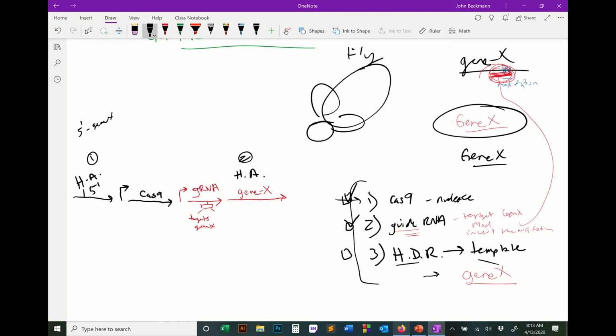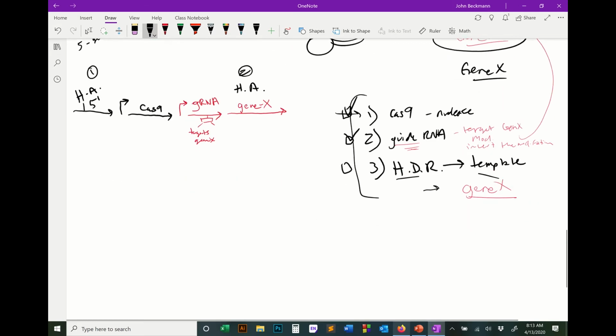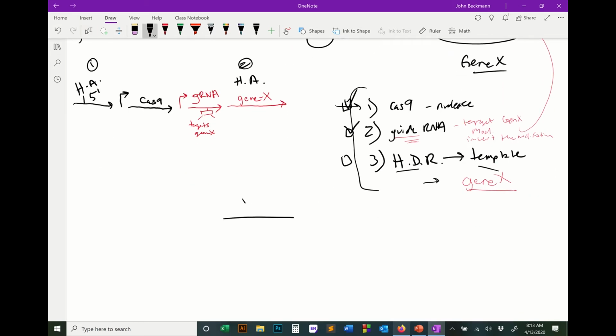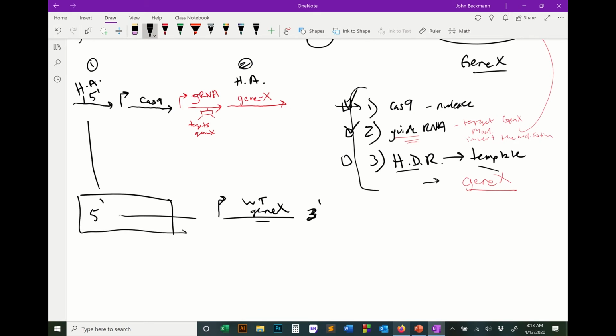5'. That means in the actual fly, it's got a wild type gene X with a promoter. Here's the 3' side, and the 5' side of that gene X is over here. So what I'm saying is let's take this region and put this region, matching sequence, right there in our CRISPR construct.